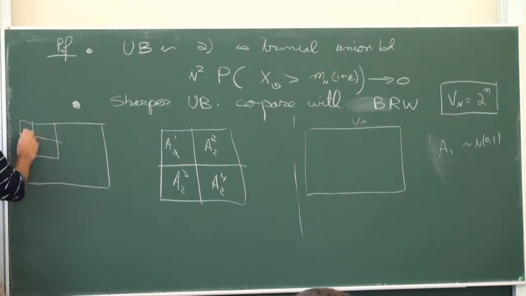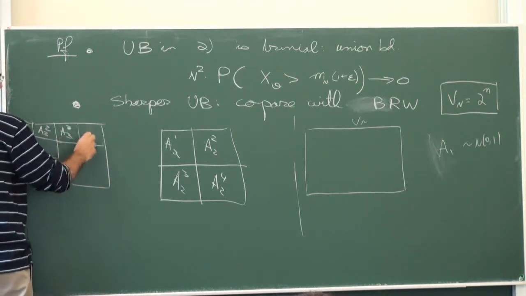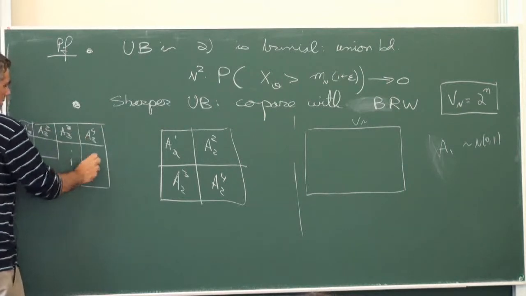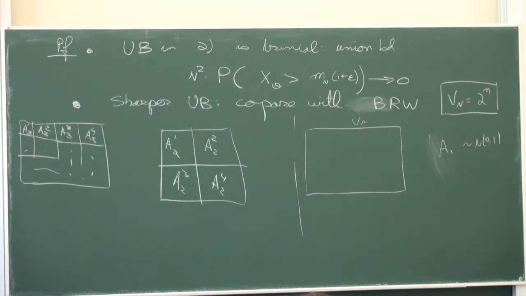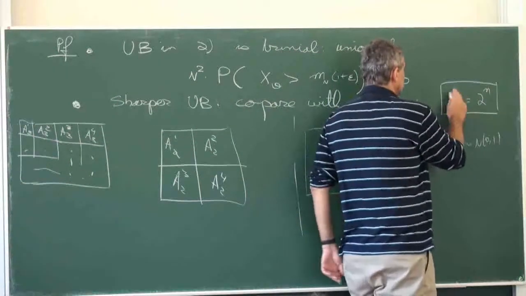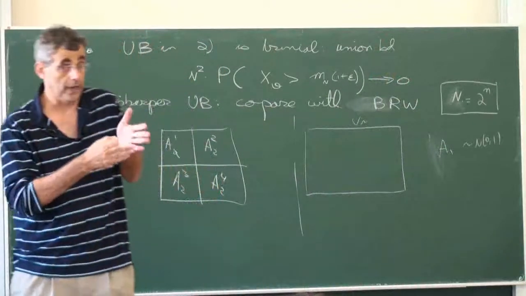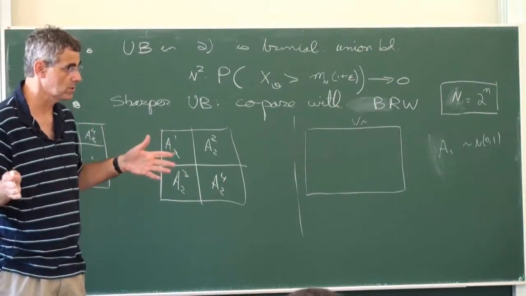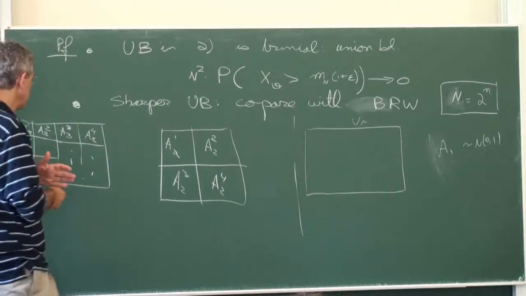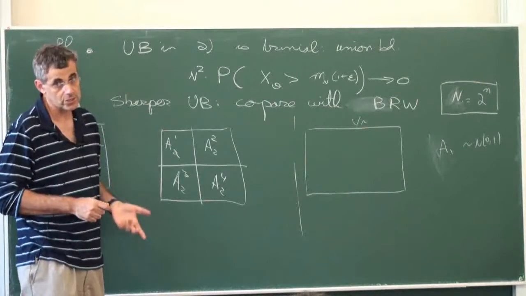And then I will have A31, A32, A33, A34, a total of 16 independent Gaussian random variables. So by doing that, and because I took the side to be 2 to the power n, I do this for n stages and I exhaust the whole box. So at the end, I have a sequence of finer and finer partitions of the box, and to each part I attach a Gaussian random variable.